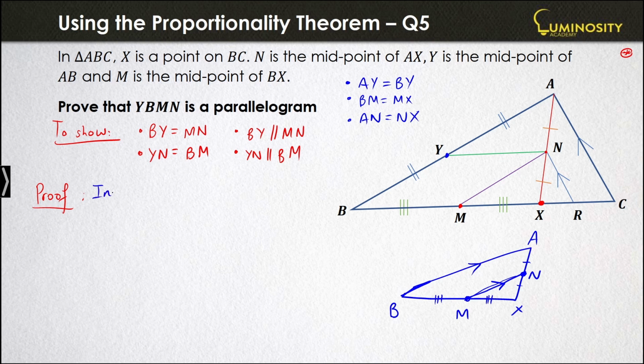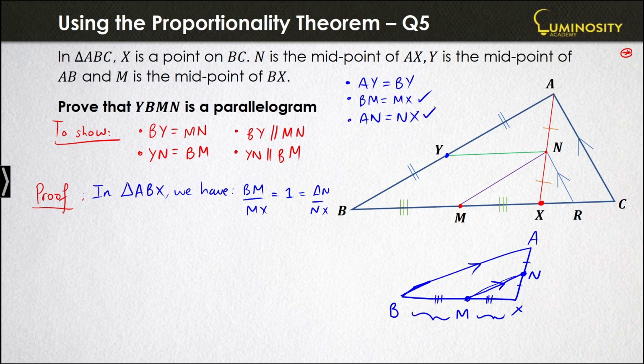So I'm going to say in triangle ABX, we have that the proportion BM over MX, so this distance over that distance, because they are equal to each other, hence midpoints, that's just equal to 1. That is also in the same proportion as AN over NX.